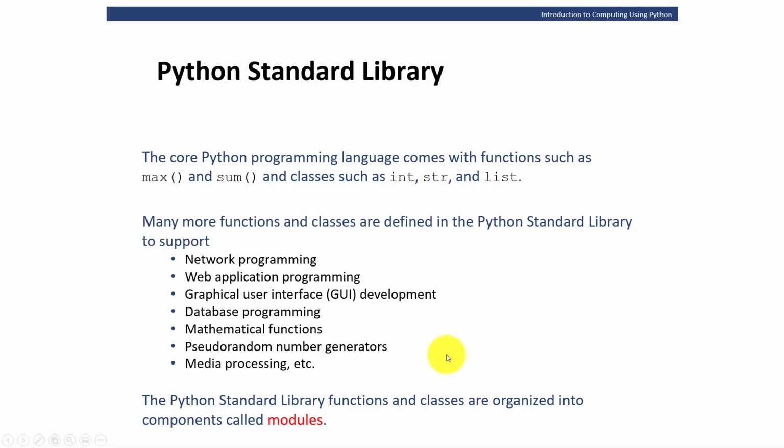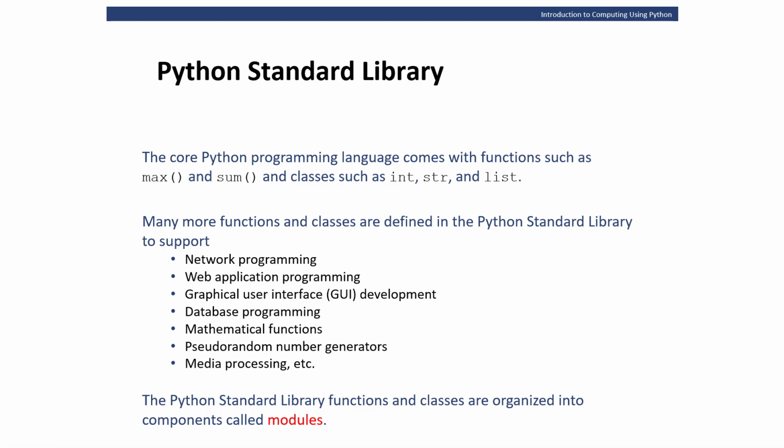A standard library is a library that is considered part of the language and must be included with the Python system. So the Python standard library has multiple support. It supports network programming, socket programming, web application programming, GUI development, database programming, mathematical functions, random generators, and media processing. The Python standard library is organized into modules.